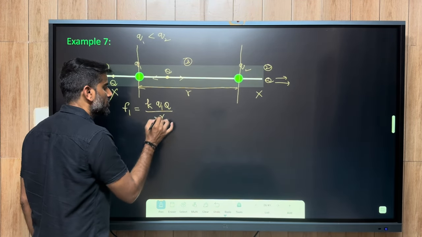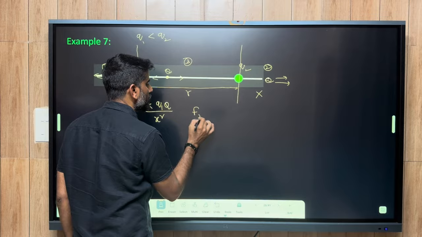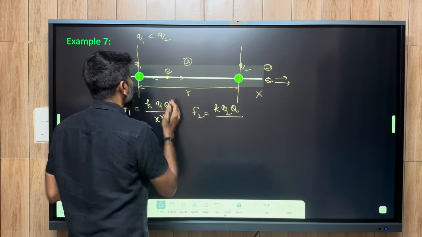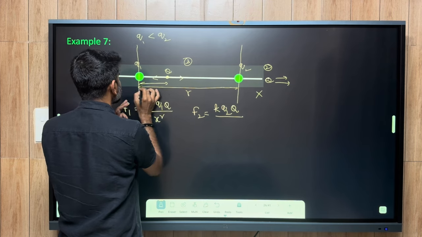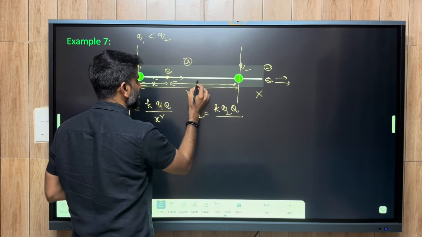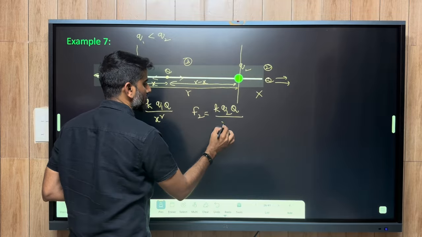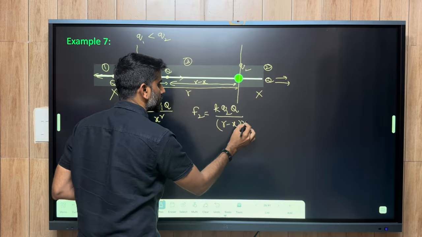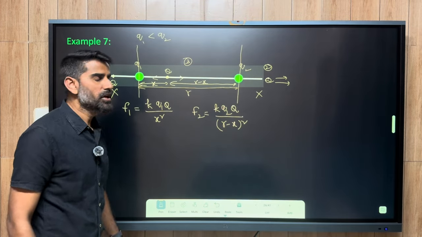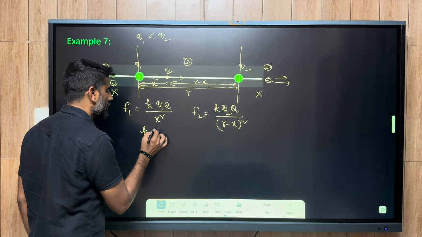Okay, right. F1 is equal to k q1 q by x square, and F2 is equal to k q2 q by, if this is x, then this must be r minus x whole square. For the particle to be in equilibrium, these two forces must be equal in magnitude.